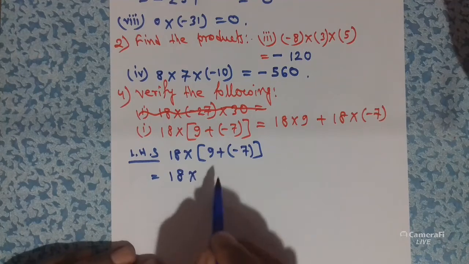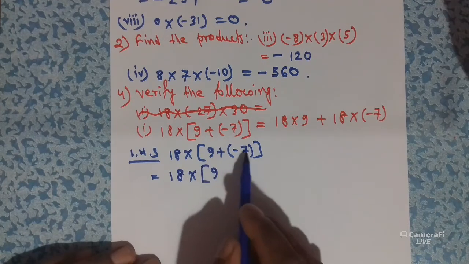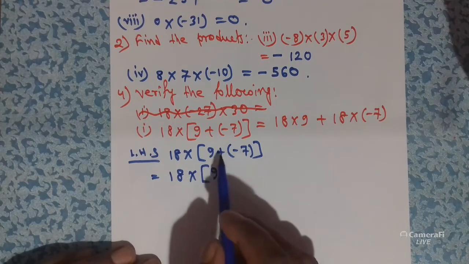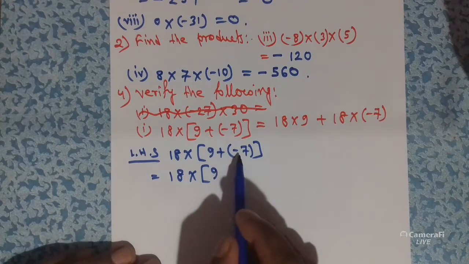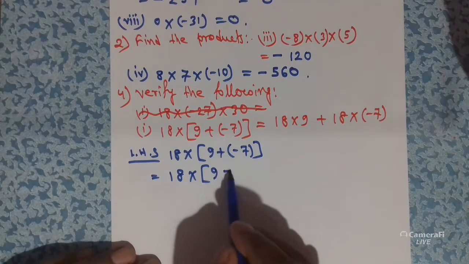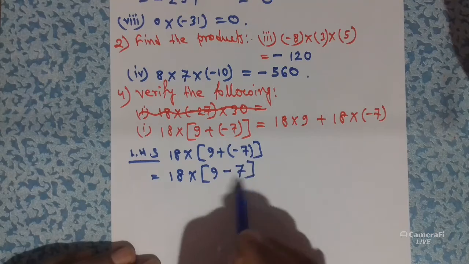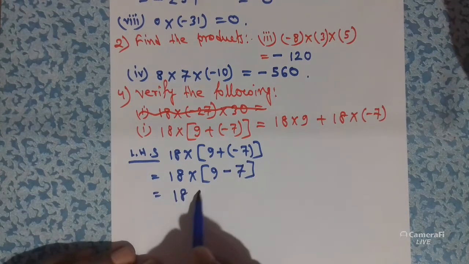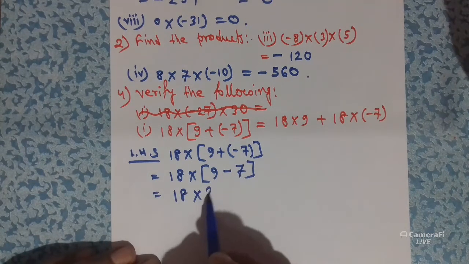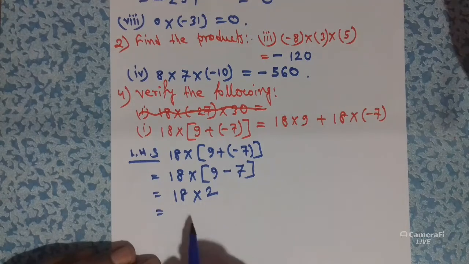So we have to remove this first bracket. When we remove it, we multiply positive with negative. Plus multiply minus is minus, and we write 7. Now 18 multiply, 9 minus 7 is 2. Now 18 multiply 2 is 36.